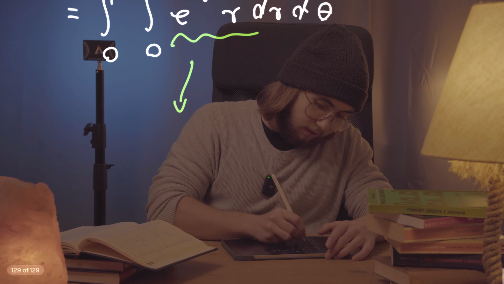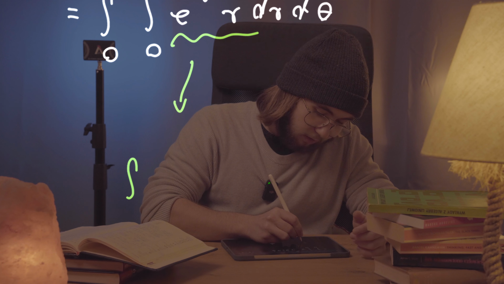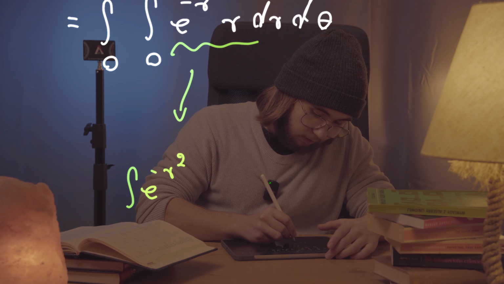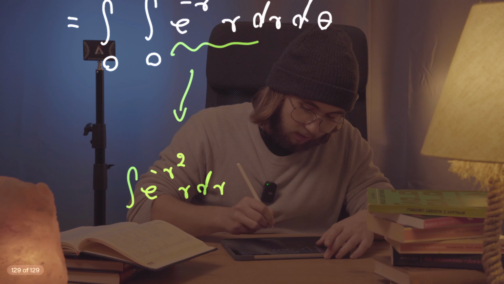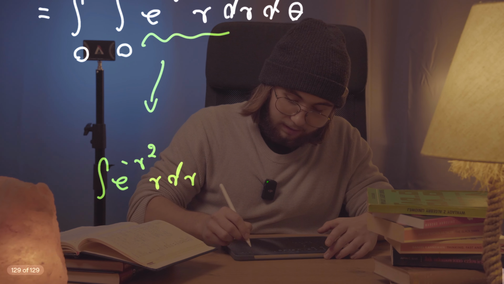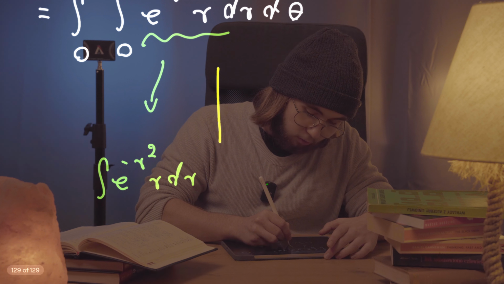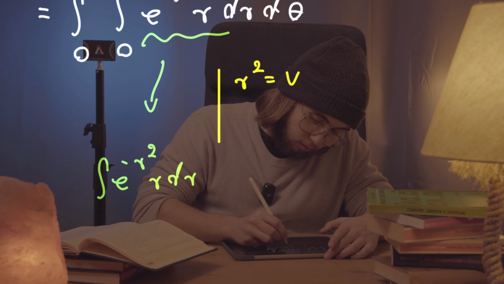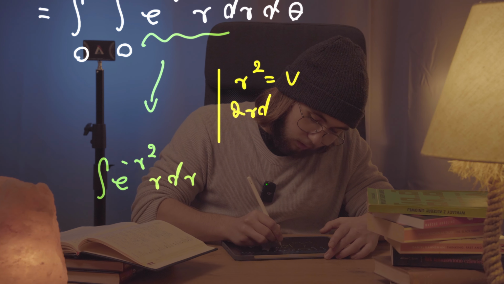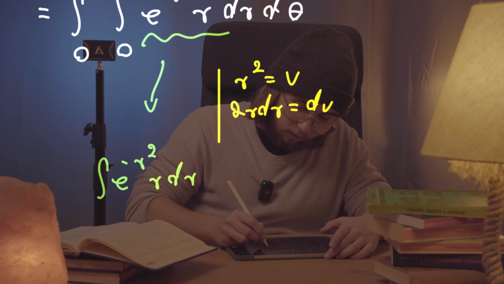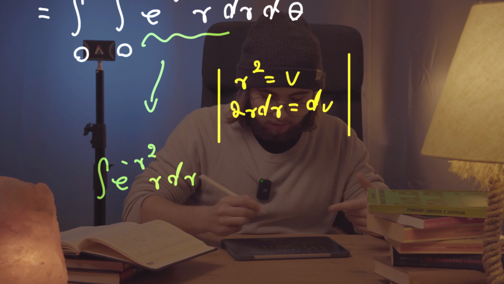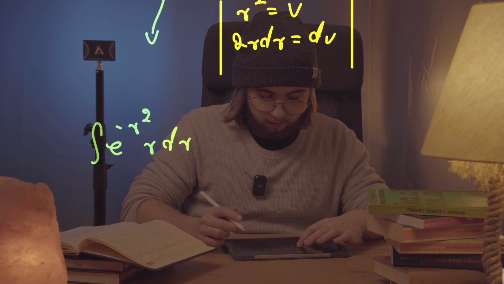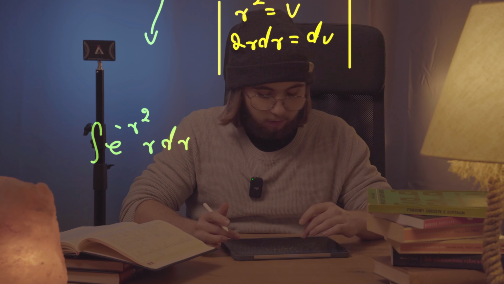Let's just take the antiderivative of this guy, so e to the negative r squared times r dr. And I would like to make the substitution of r squared being equal to u, and so 2r dr being equal to du. I'm not changing bounds of integration because it's an indefinite integral. I'm just trying to get the antiderivative of e to the negative r squared times r.